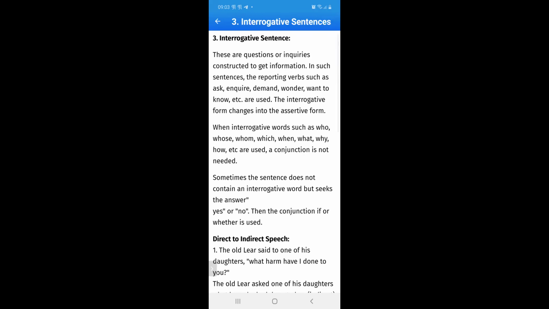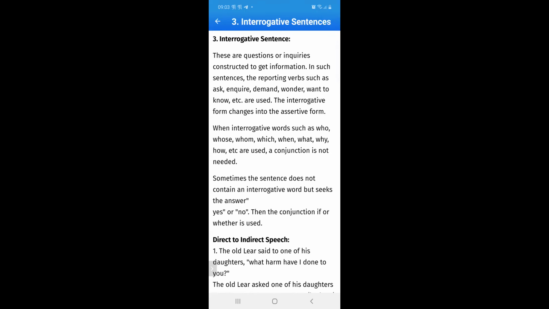These are questions or inquiries constructed to get information in such sentences.